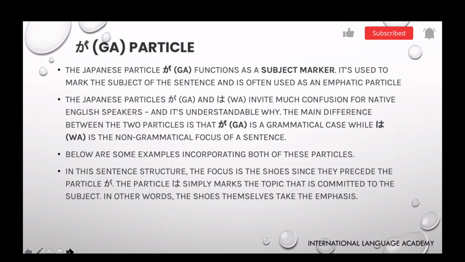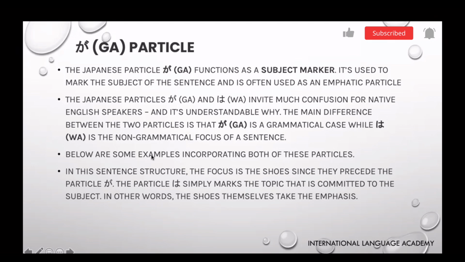The Japanese particles ga and wa invite much confusion for native English speakers, and it's understandable why. The main difference between the two particles is that ga is a grammatical case while wa is the non-grammatical focus of a sentence.